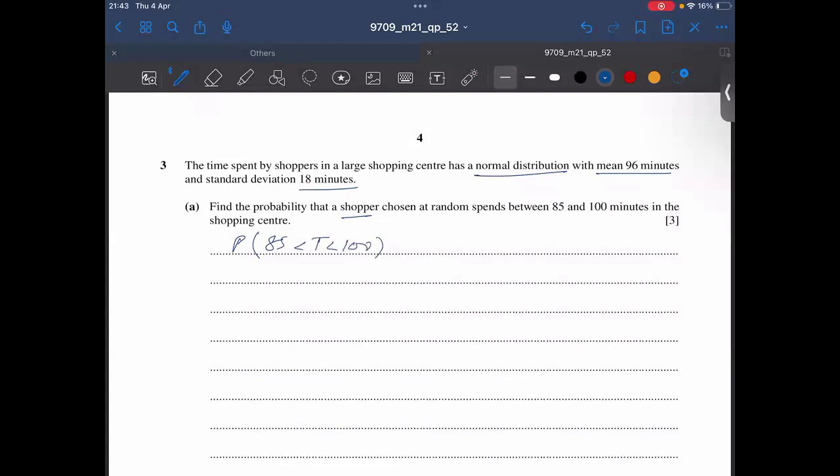All right. And I'm going to sketch. Okay, like this. So I have 96. I'm going to have 85 somewhere over here. I'm going to have 100 over here.